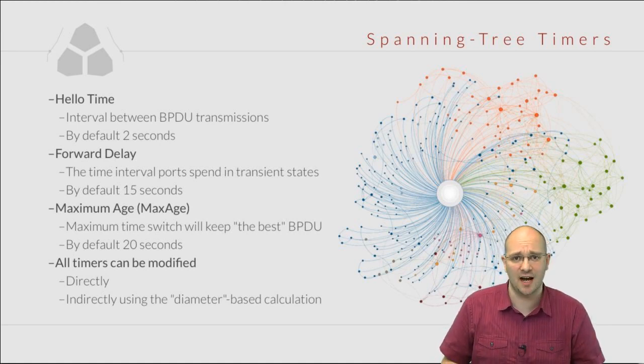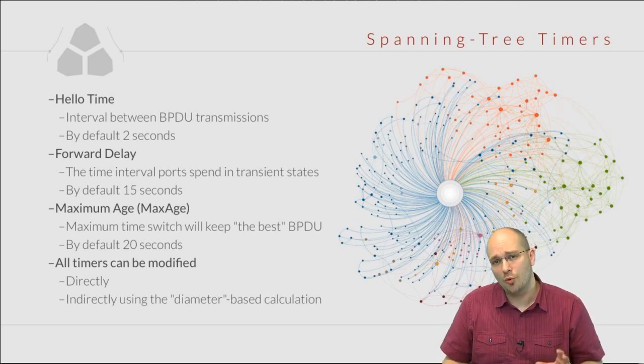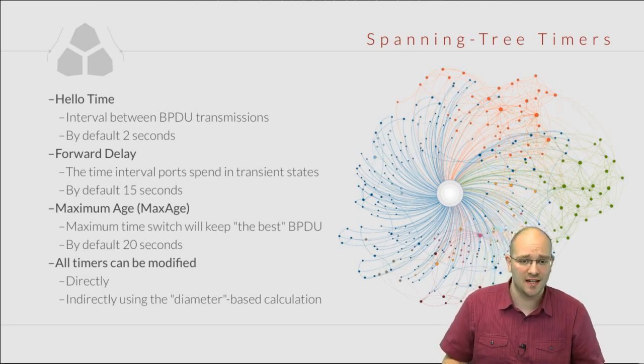The forward delay timer is the time switch ports are going to spend in transient port states. The port states are something that I'm going to talk about in a moment, but this timer is by default 15 seconds. The maximum age timer is used to detect an indirect failure in the network.